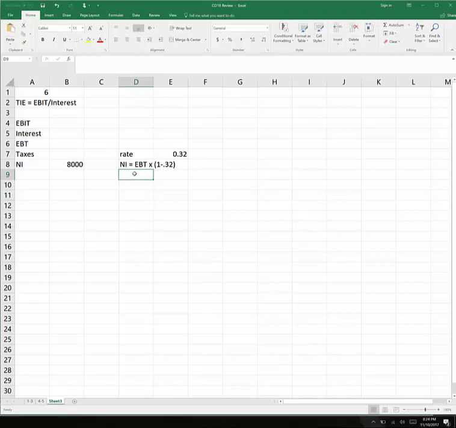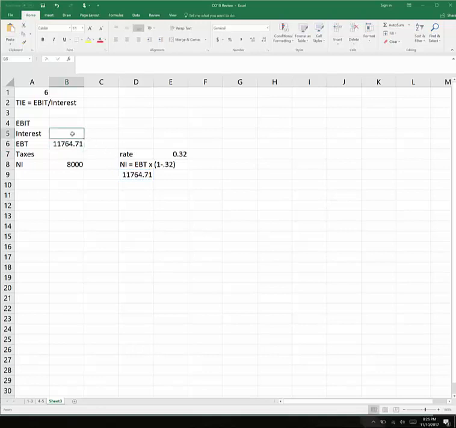You might jump to multiplying by 1.32. But what you need to do is take your net income of 8,000 divided by 1 minus 0.32. So it really bypasses this tax step, and it takes you up to earnings before taxes.